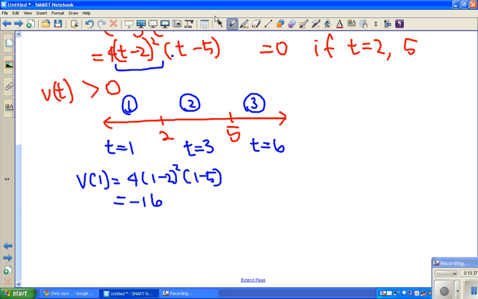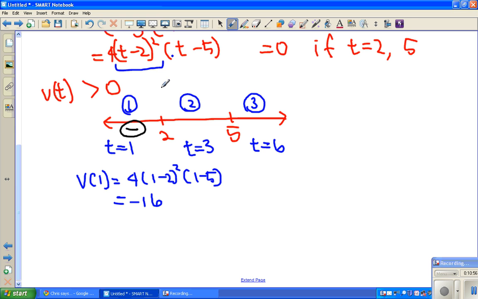So here, we get to realize the sign is negative, meaning the particle is moving to the left. Let's look at here. Based upon our theory before, since it's a double root, we should be getting the negative value here also. Well, let us see what happens.